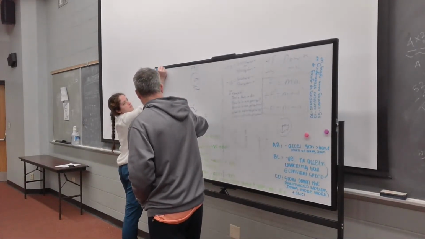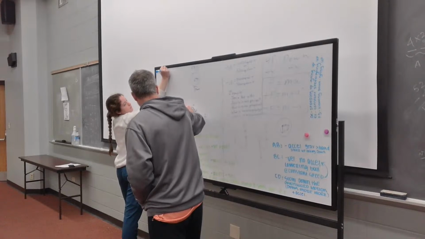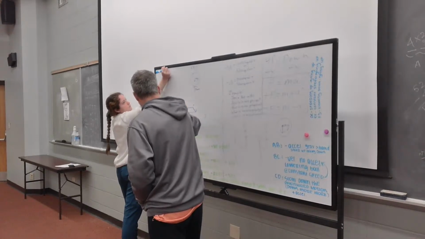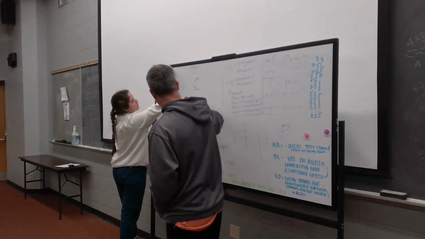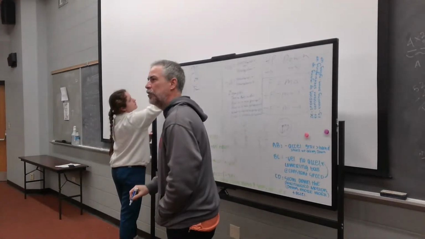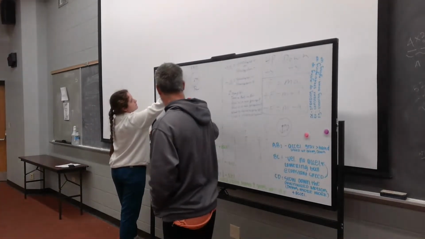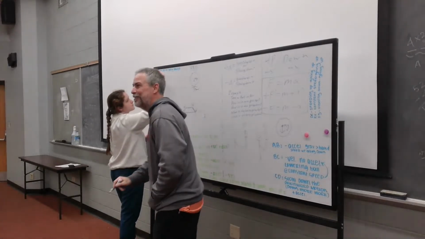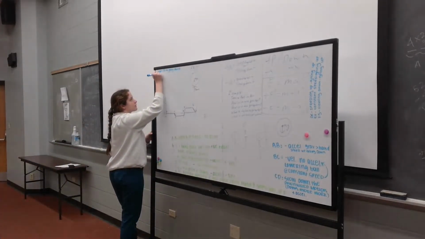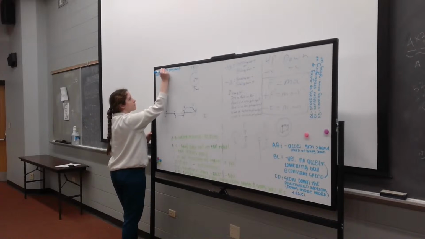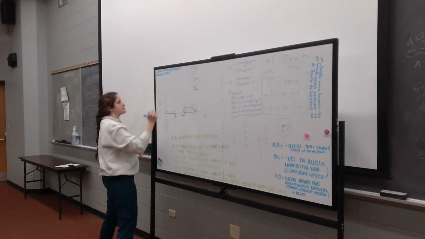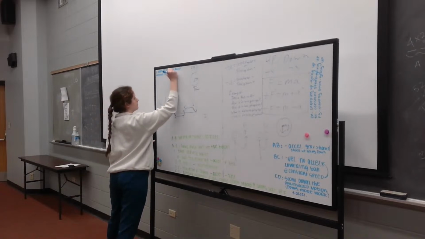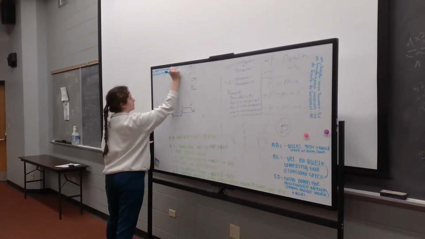Concentric happens here when you're working more than the weight, but concentric also happens here when you're working less than the weight. And concentric also happens here when you're working the same as the weight. That's important for us to understand.